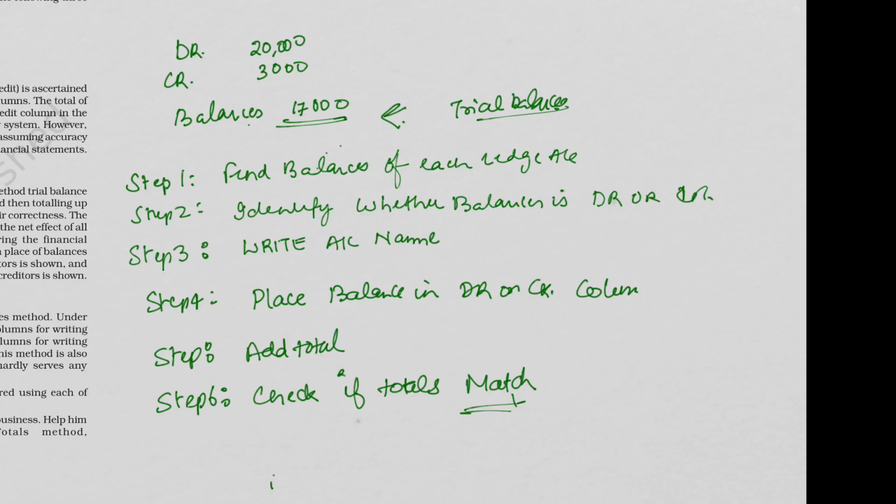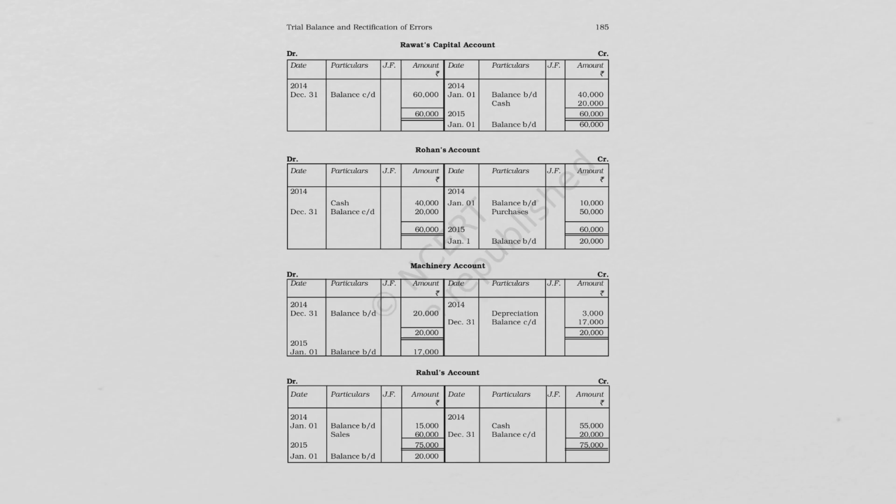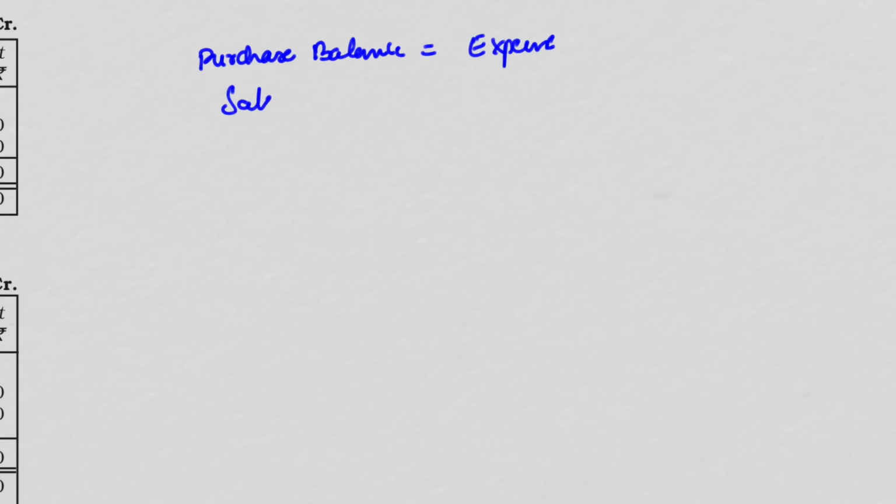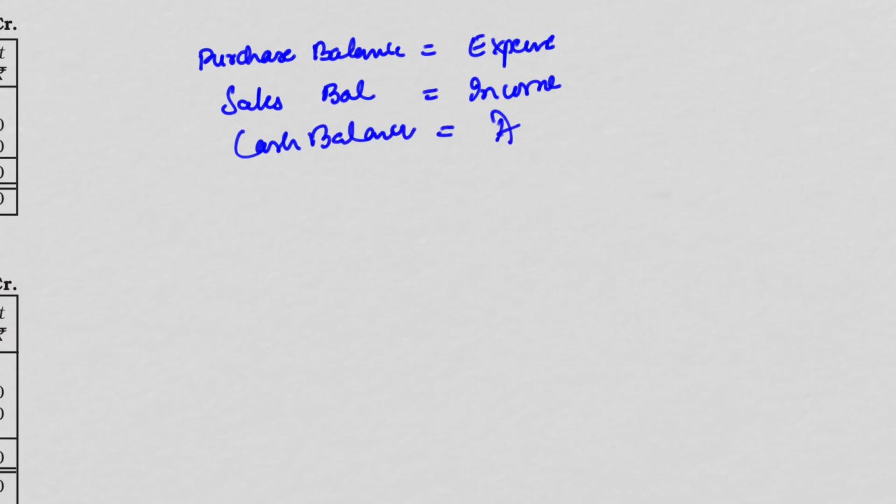Now, why is the balances method preferred? The balances method represents the net position of the accounts. For example, we have purchase balance, which is an expense, sales balance, which we know is income, and cash balance, which we know is an asset.